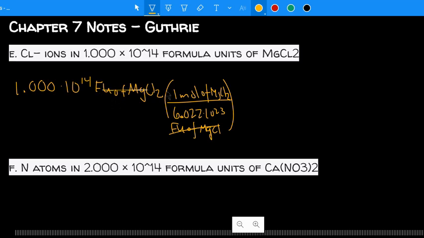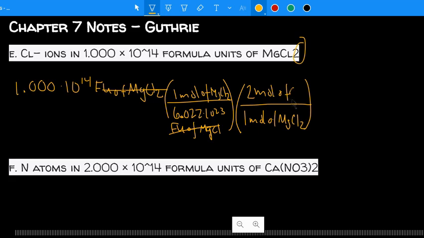So formula units cross off, in moles of magnesium chloride. In 1 mole of magnesium chloride, because there's a 2 there, right here, I actually have 2 moles of chloride ions. My unit is moles of chloride ions like I wanted.